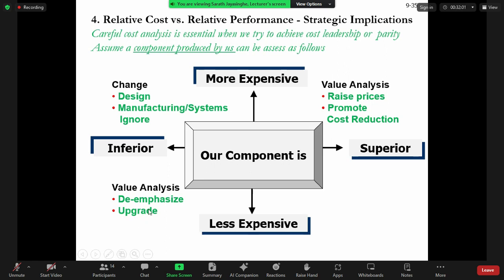You can upgrade sometimes. And there may be another thing, value analysis, emphasize, promote, leave it alone because this is superior and less expensive. Sometimes without anything you can get profit, right? Because you are giving a value, a superior product at a lesser price.